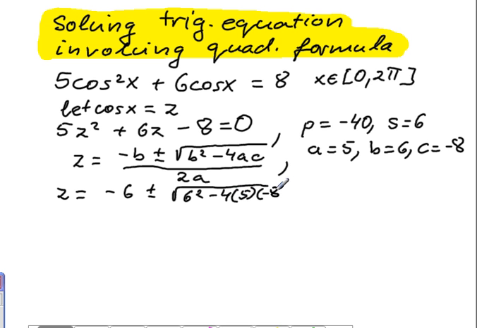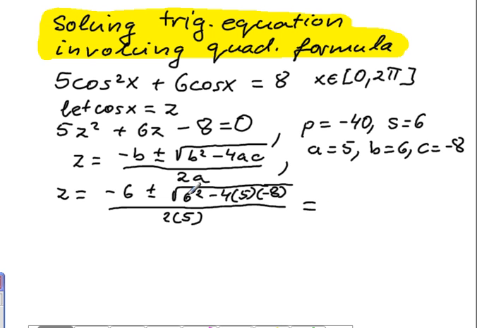So this is the step that you should know right away. The discriminant will not be negative because you end up adding 4 times 5 times 8 to 36. And everything is divided by 2a, since a is 5.